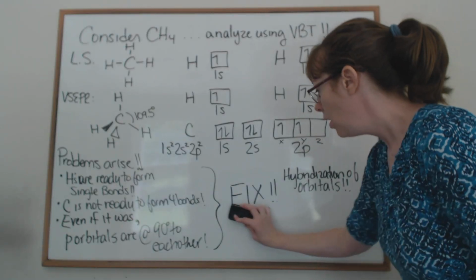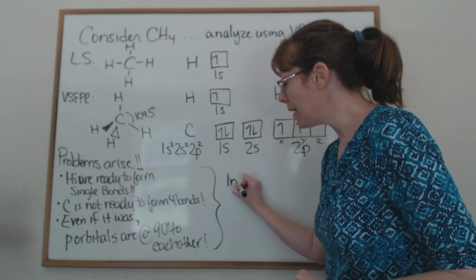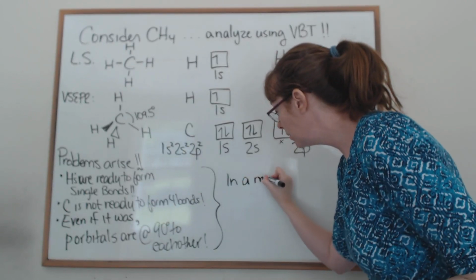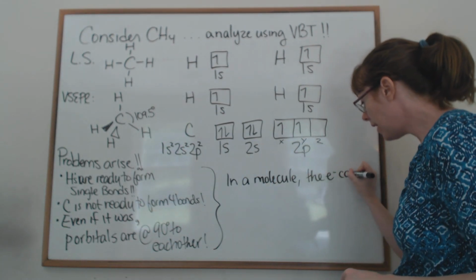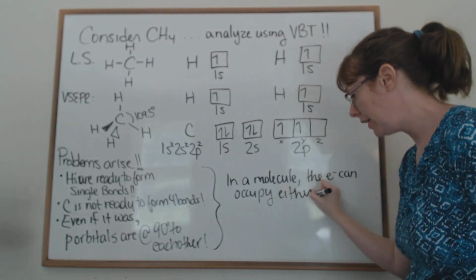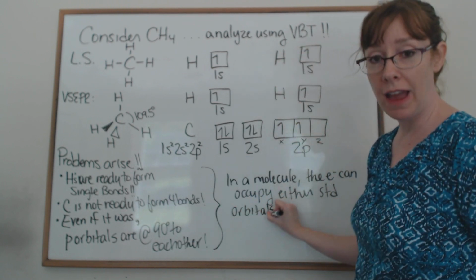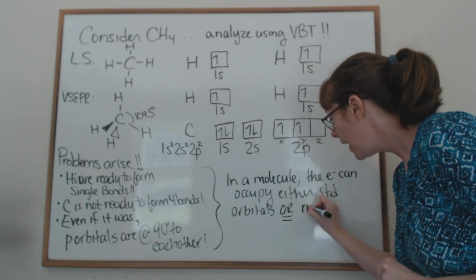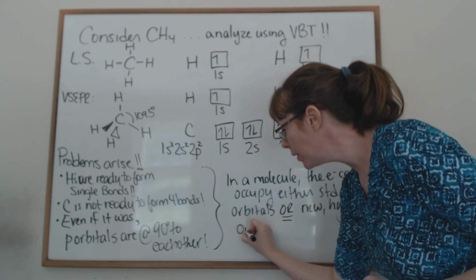However, let me go ahead and get myself some space because this sentence is a little bit longer. Once the atom enters a conglomeration called a molecule, in a molecule, the electrons can occupy either standard orbitals, those are still an option if they work for the atom, or you have a new option now, new hybrid orbitals.